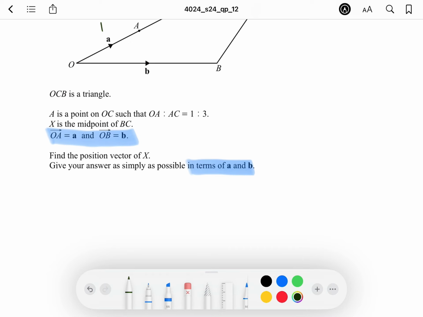The word position. Position vector is where the vector is with respect to the Cartesian system. It means the position of X with respect to the origin.